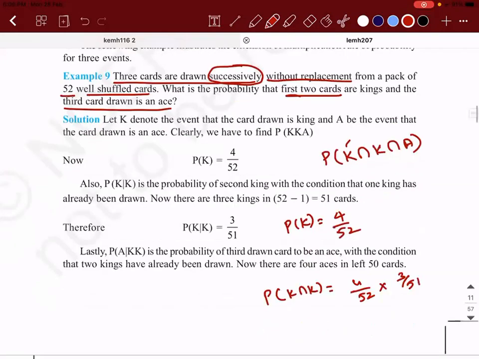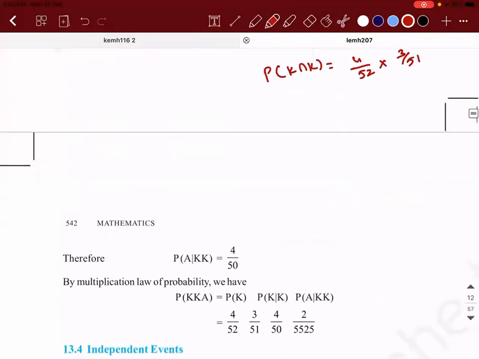So what will be the probability of you getting king and a king and ace? 4 out of 52 into 3 out of 51 into 4 by 50. Why 4 by 50? Because 4 aces are there out of the 50 remaining cards. So that will be the answer.